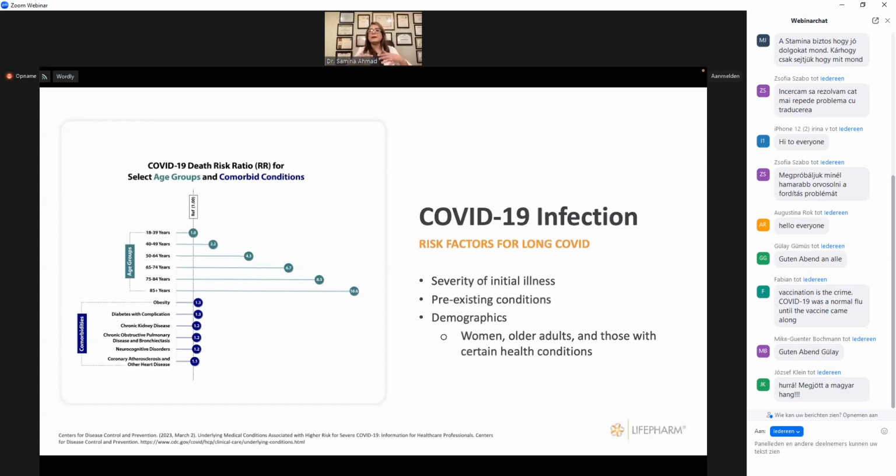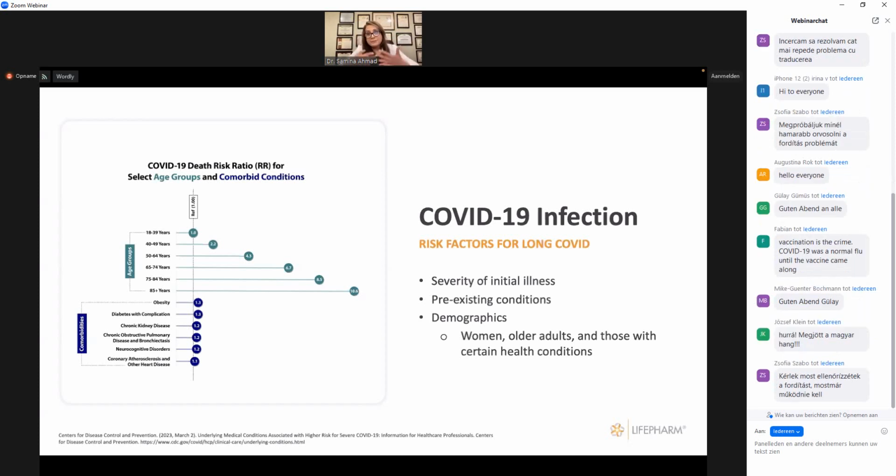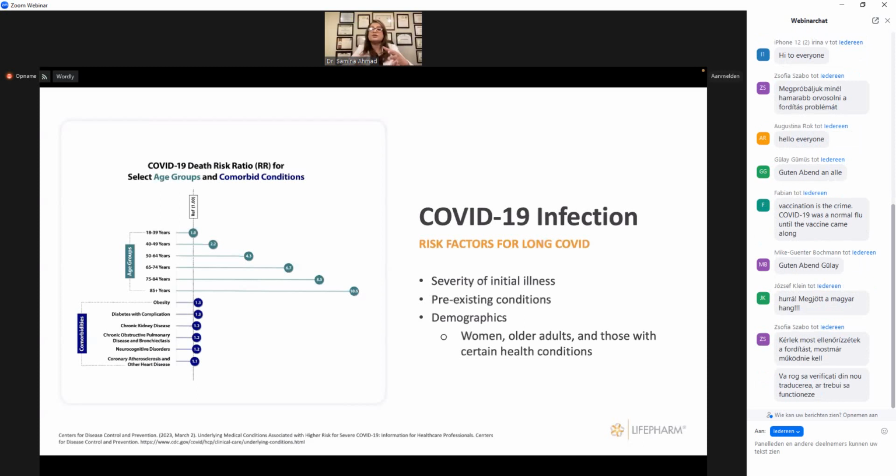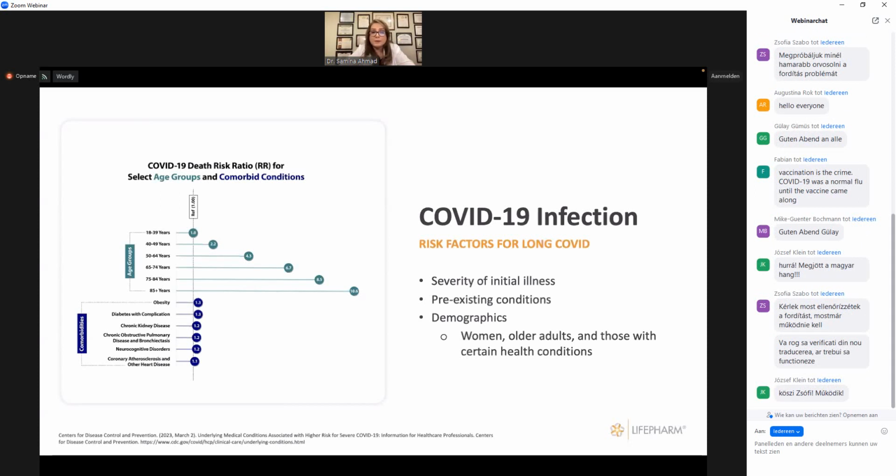So if you are somebody who already has a heart issue, who already suffers from lung ailments, who has probably kidney problems or obesity, these were all comorbid situations or medical conditions which either made you prone to more severe infection or in some ways proved to be fatal for many people.